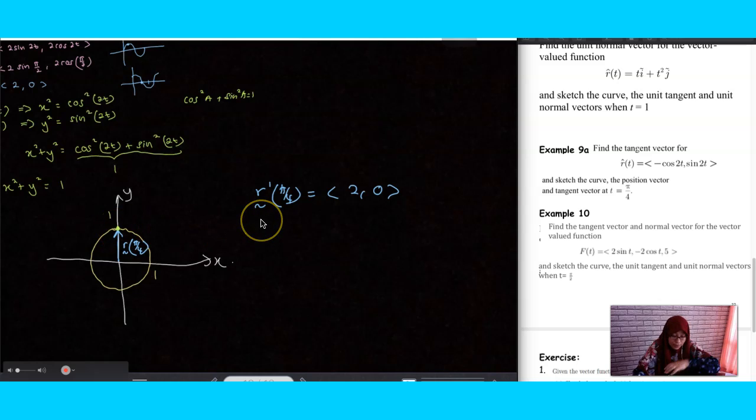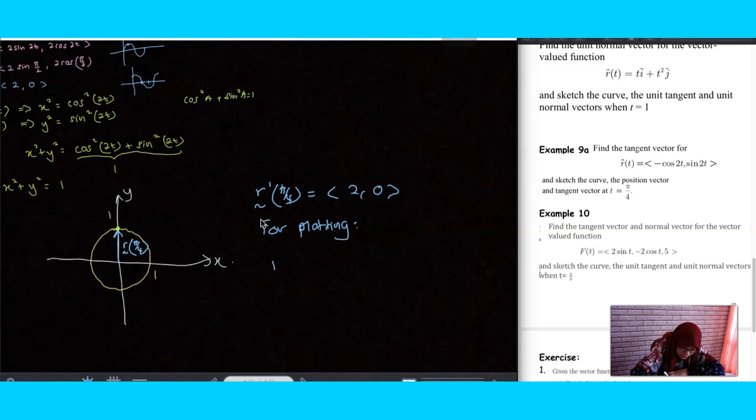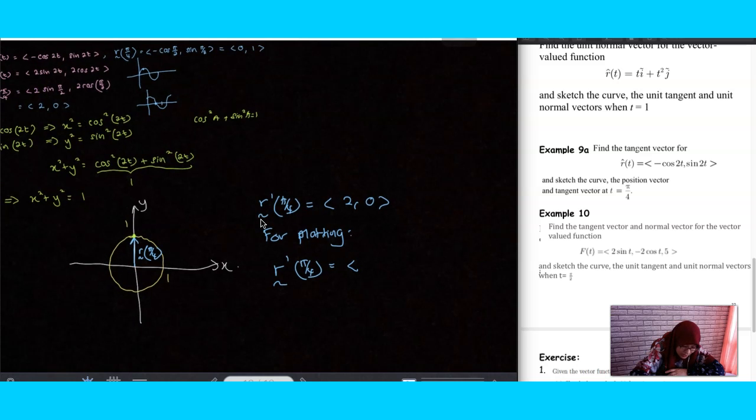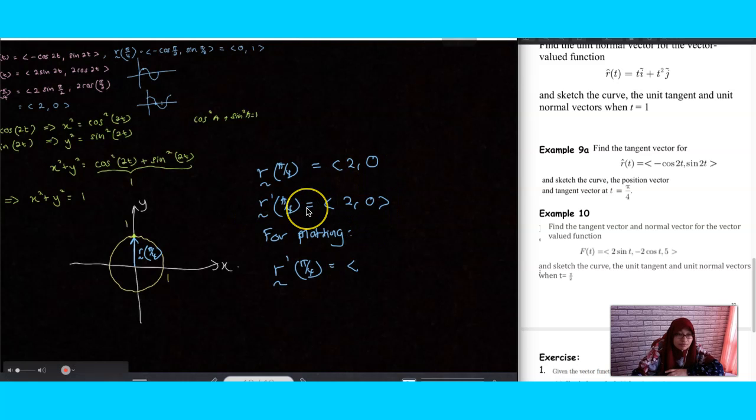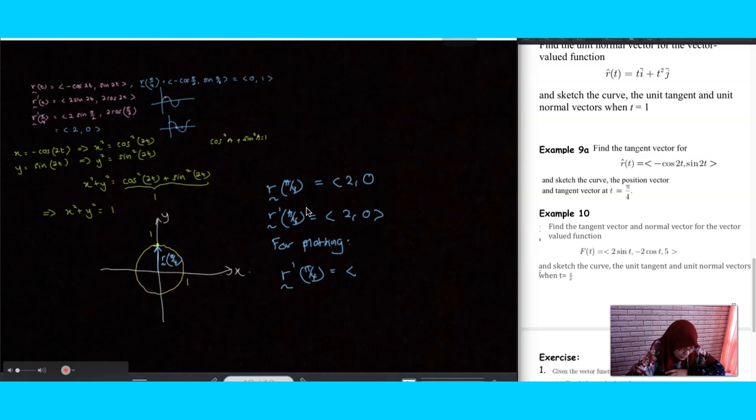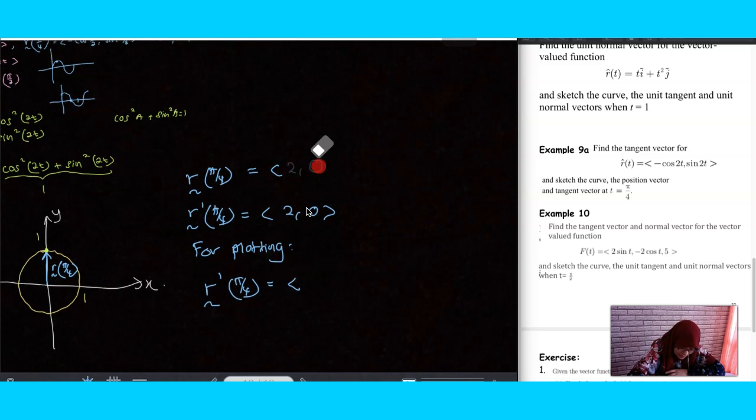For the sake of plotting, r prime at t equals pi over 4 should be considered at your position just now. Your position vector is just now (2, 0), so you have to add the components. It is (1, 0, 1), sorry, (0, 1).